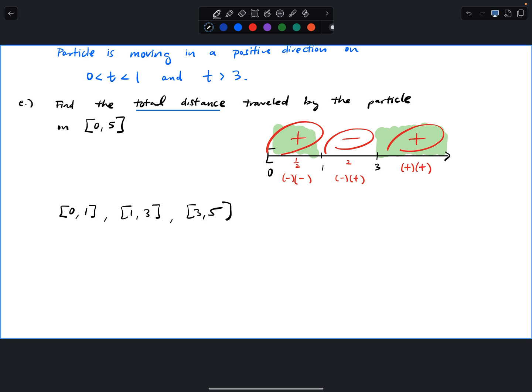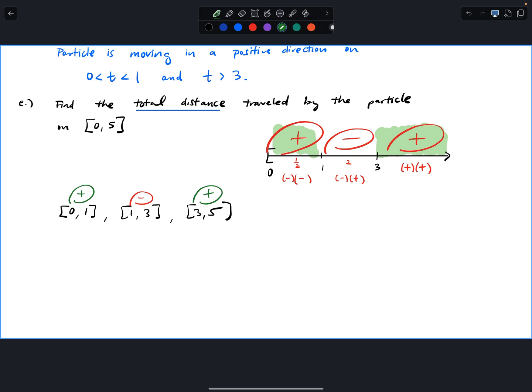What do we know about 0 to 1 from our number line? It's positive. Between 1 and 3, it's negative. And then anything after 3, positive. Okay? To find the total distance traveled, I want you guys to think about like f of A minus f of B. You're basically just taking the y values and subtracting them.